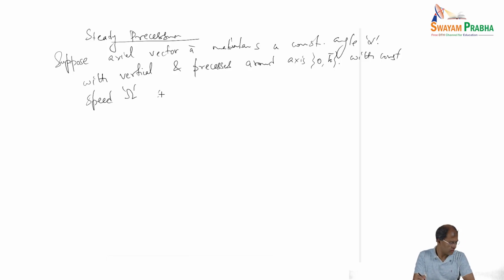So what we have is, this time we have that A dot is omega cross A, and this is also equal to, so omega is along the K axis, so this is capital omega K cross A, right? So let me call this 1.